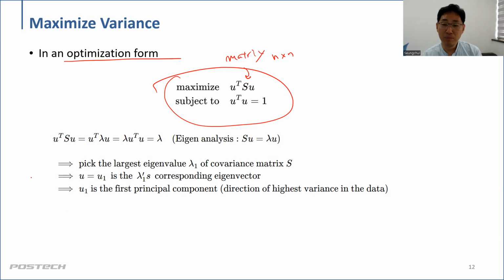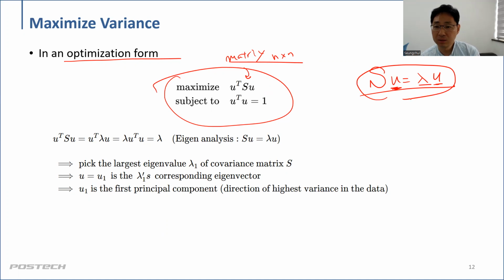But some brilliant people said S is a symmetric matrix and we can do eigenanalysis. Say U are the vectors, and we know that these are the eigenvector and eigenvalue.